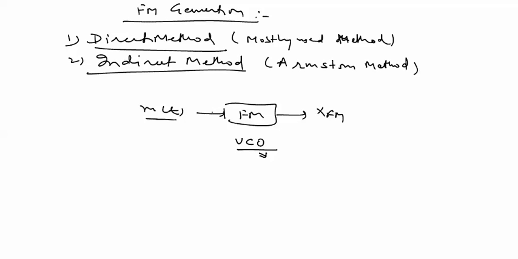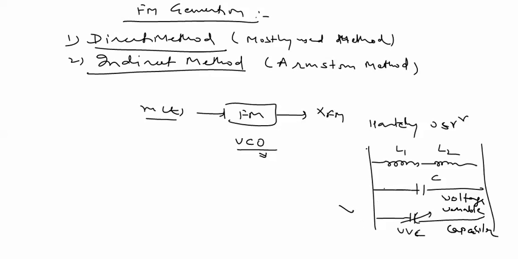It is an oscillator, which means there may be a combination of L and C. This combination may be of different types: Hartley oscillator, Colpitts oscillator. If we consider a Hartley oscillator, there is a combination of L and C attached with a device that has variable capacitance as per applied voltage, which is the varactor diode.